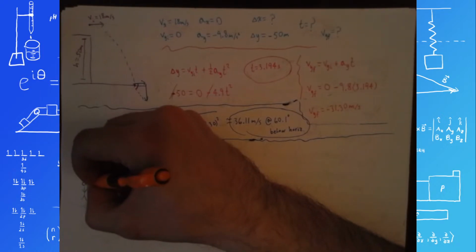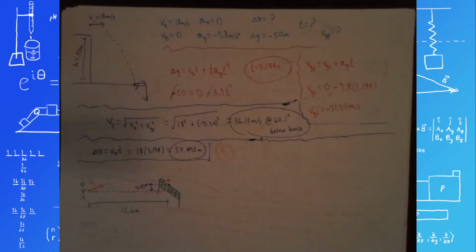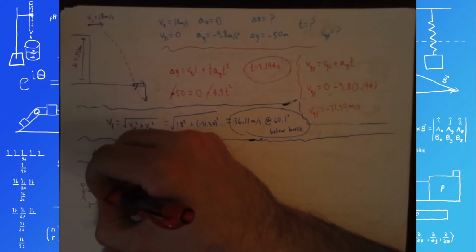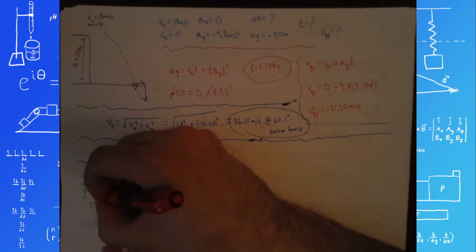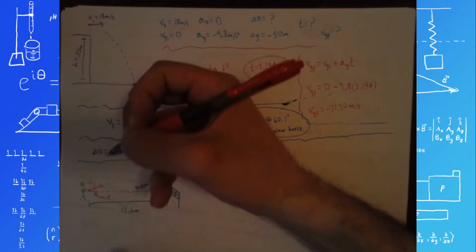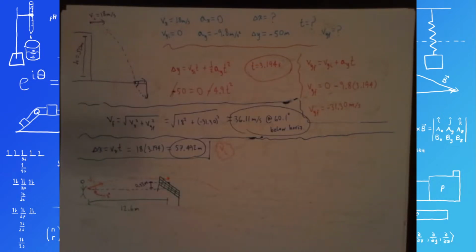We are trying to find v initial, and we are told that this angle over here is 3 degrees.